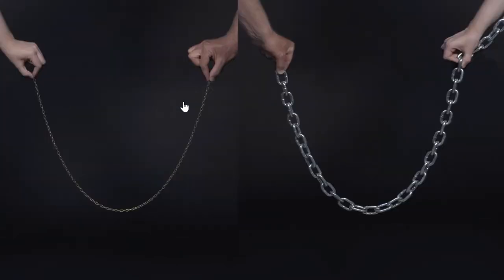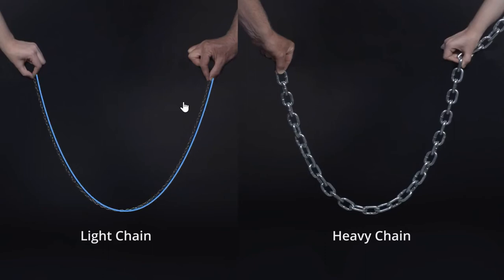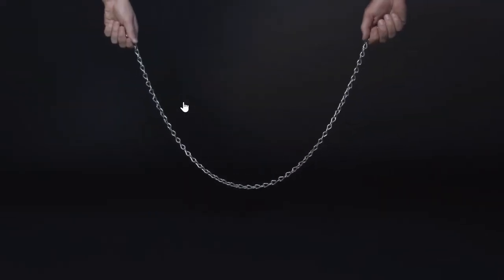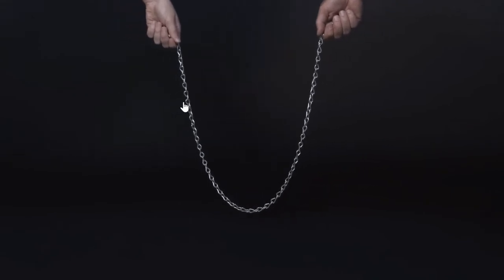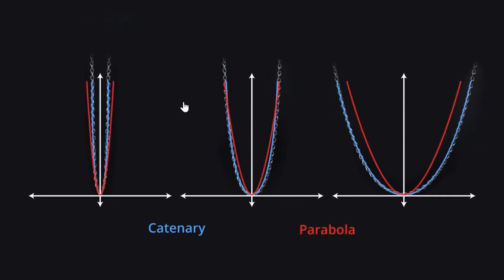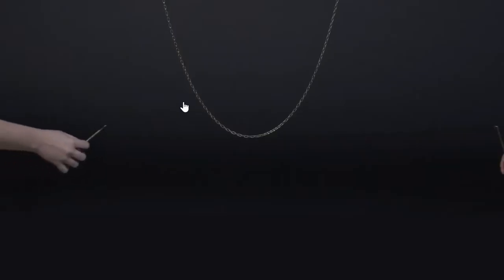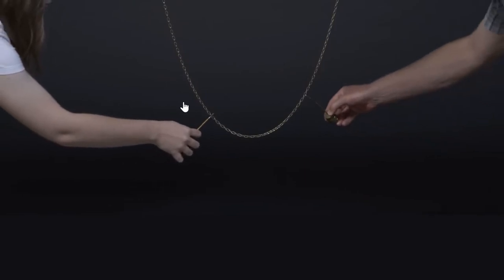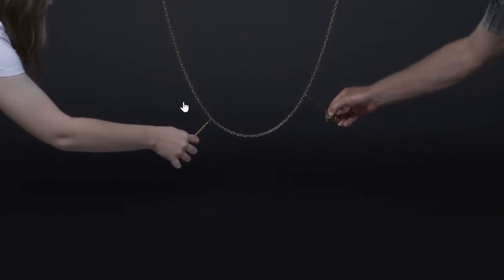Consider two chains side by side. One is light in weight while the other is heavy. As you can see, the weight of a free hanging chain does not affect its shape, but the spacing of its ends does. Each shape in this family is called a catenary, and each catenary is similar to a parabola. If we add external loads to a lightweight chain, its shape changes considerably.